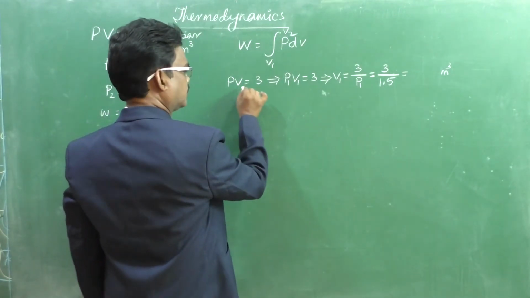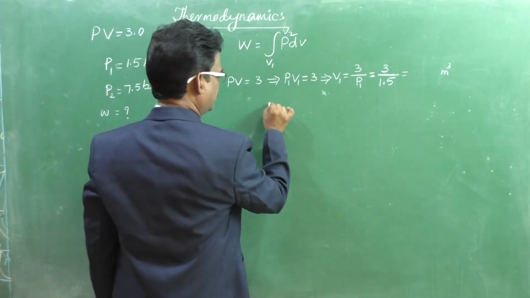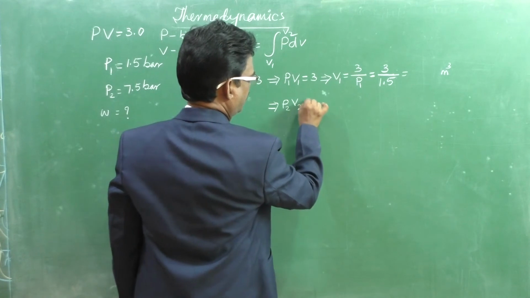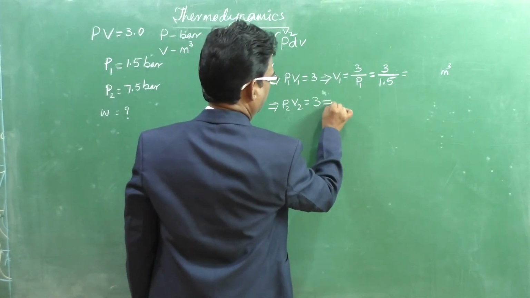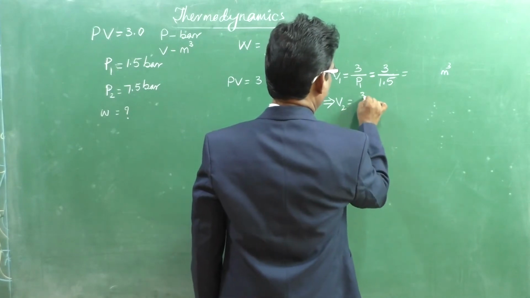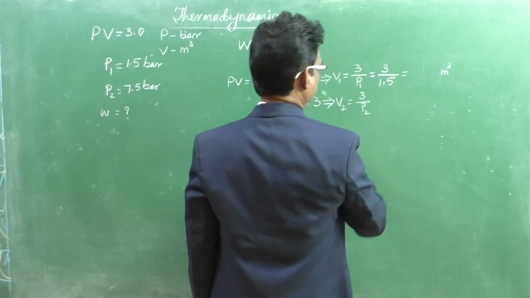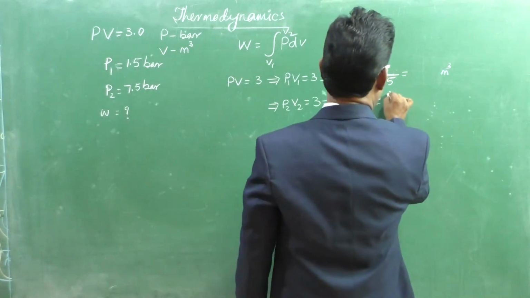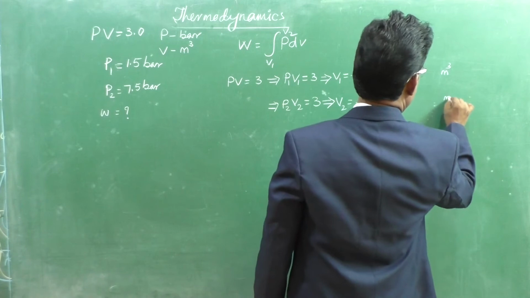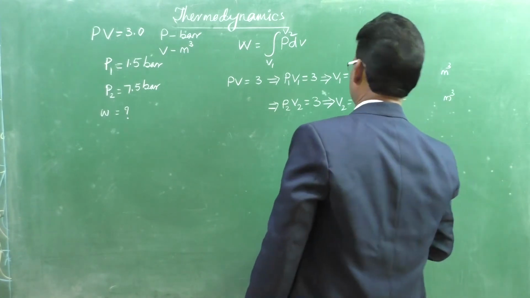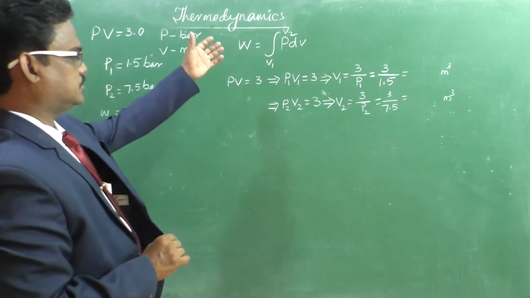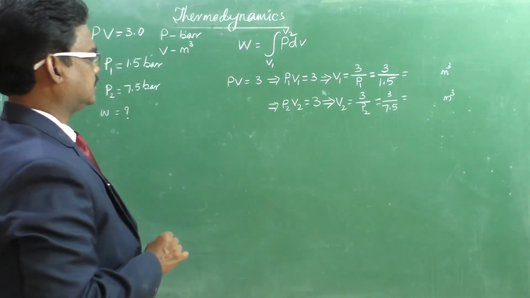Here, PV equal to 3 for that also. Therefore, P2 V2 also equal to 3. That implies V2 is equal to 3 by P2, that is 3 by 7.5, which will give meter cube. Now we need to substitute these in the equation.